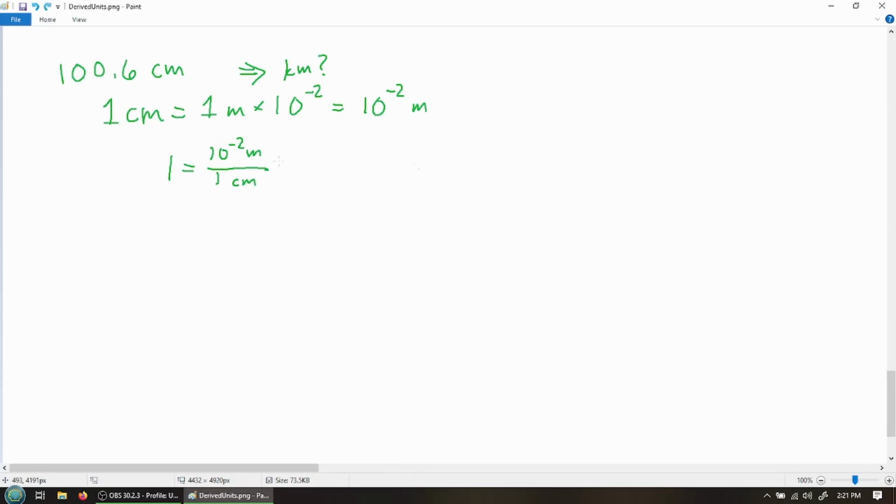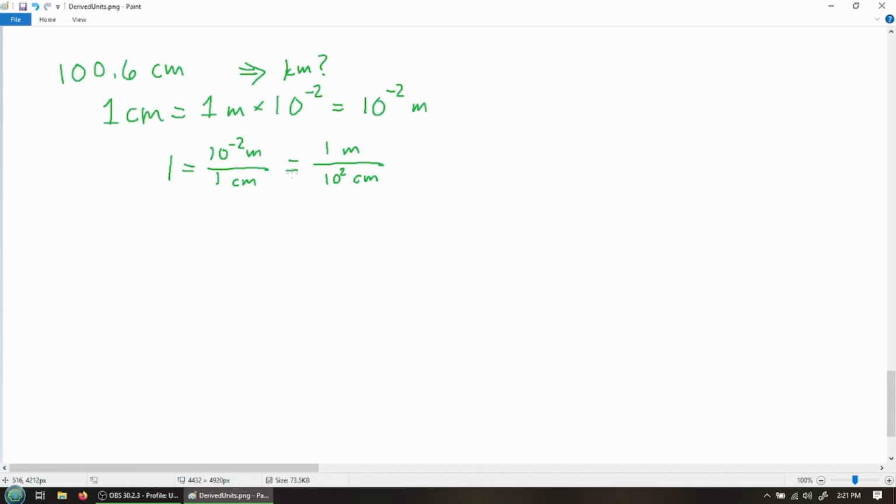Now, some folks may be wondering, is it okay to take that 10 to the minus 2 and put that in the denominator? Yeah, absolutely. You can also write 1 meter over 100, or 10 to the positive 2 centimeters. So you're always welcome to do that, whichever way makes more sense to you.